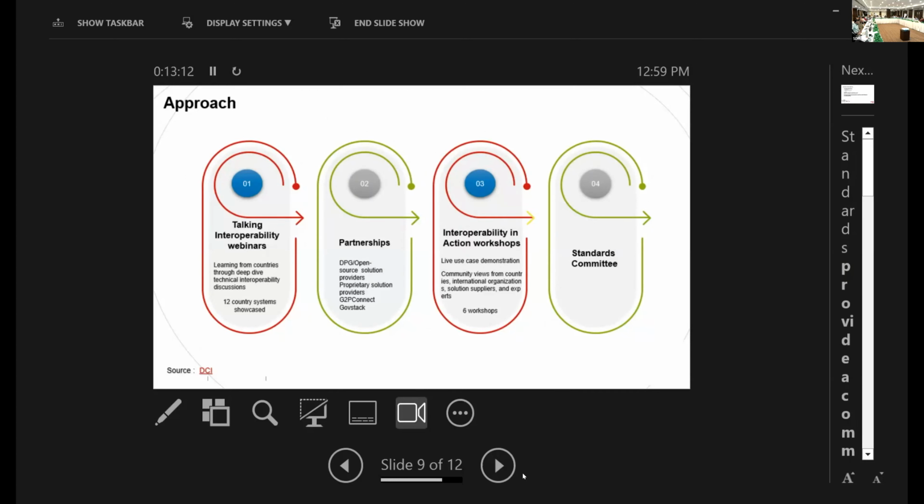They enable partnerships between various open source solutions and other initiatives around this area. They provide interoperability in action workshops, which let you see hands-on how two systems could interact and how you could potentially use that in your settings as well. All of that accumulates into a committee that forms a standard for a certain use case. Right now, they just finished working on interoperability between CRVS and a social protection MIS. But the standards committees would form this. Next slide, please.